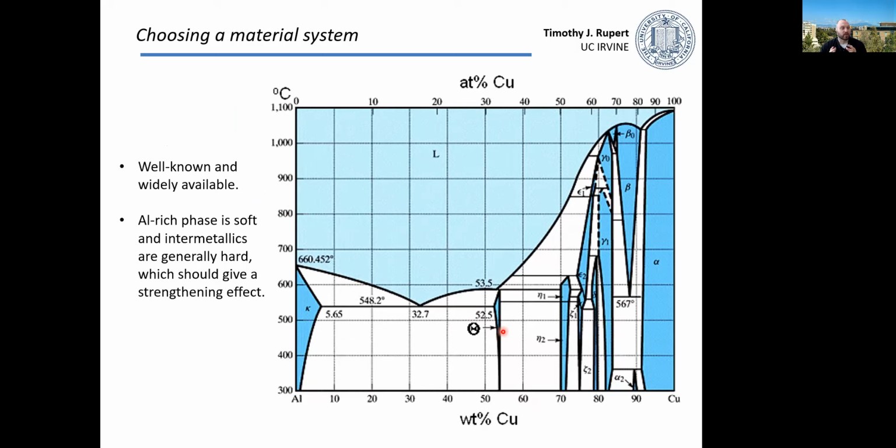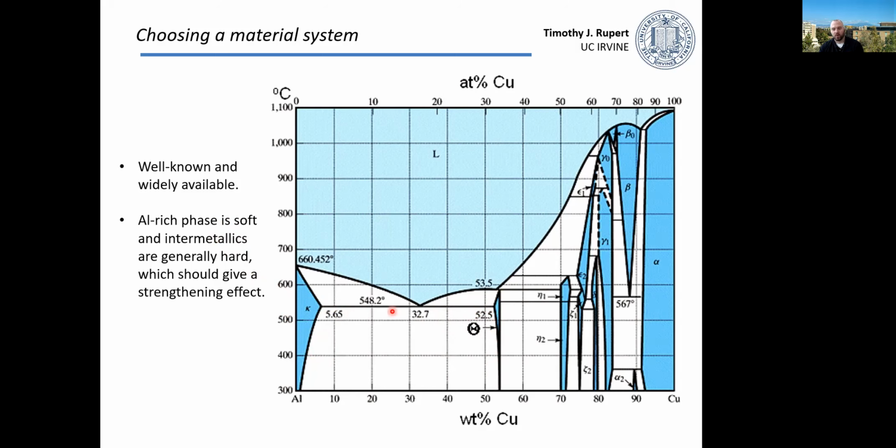But the other reason is if we're using mechanical strength as an analog, I'm going to want there to be a large difference in the strength between the two phases that I'm having coexist inside the material. So on this left side, the aluminum by itself is a pretty soft phase. And if I go right into this two-phase region, I see that I'm going to get aluminum, FCC aluminum, plus some intermetallic compound, that copper aluminum two.